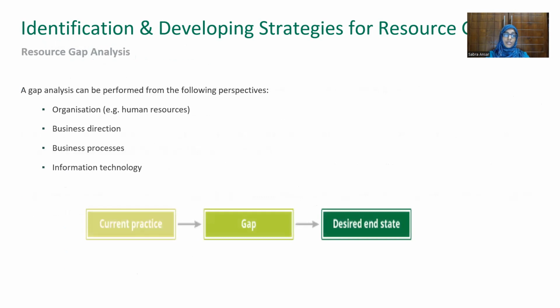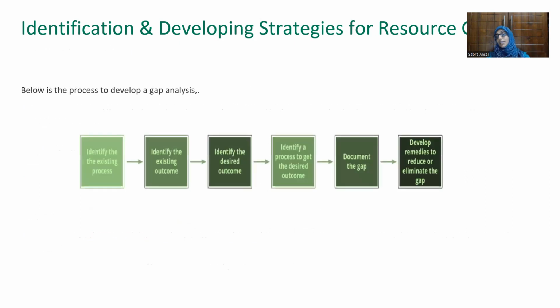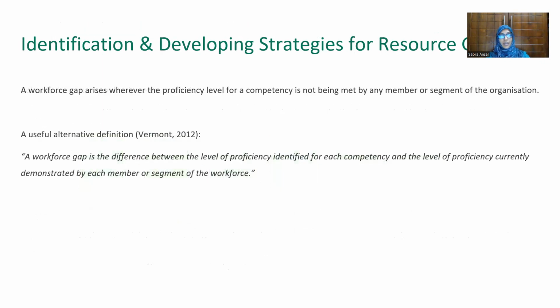And then we also spoke about how the current practice is identified, and then the gap. Using an example, I showed how the gap is identified and how the organization can move on in trying to achieve the desired state, at least in a step-by-step process.